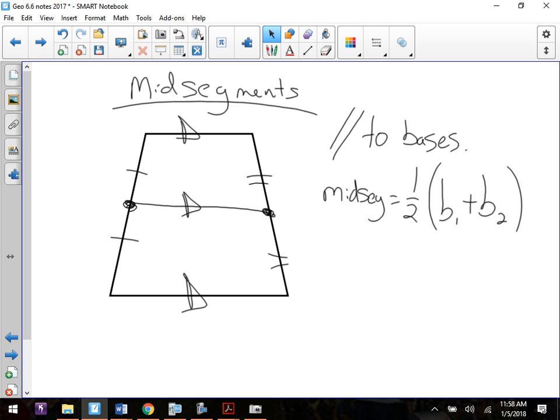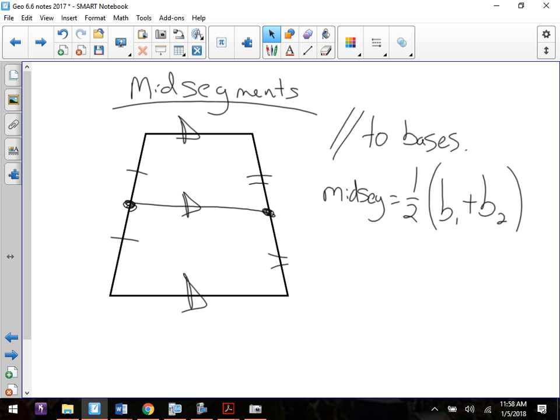It's the exact same formula that we use with midsegments with triangles. The triangle's one is equal to half the side it didn't touch. With these, they're equal to half the sum. And you've seen this before as well.